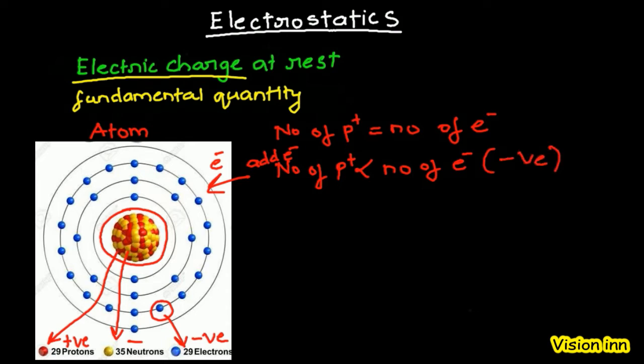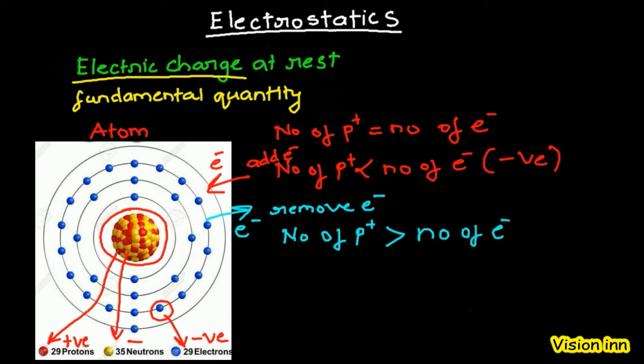Now suppose I remove electrons, then the number of protons will be more than the number of electrons, so the body will have a positive charge.